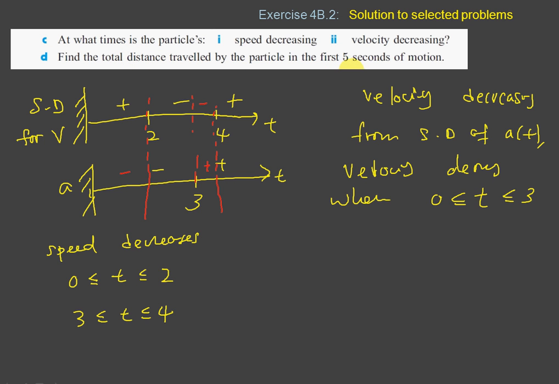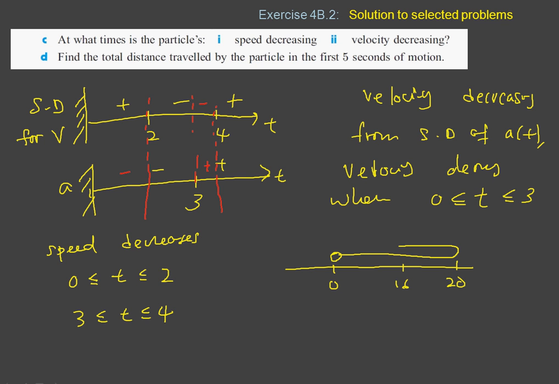And okay, lastly, find the total distance traveled by the particle in the first 5 seconds of motion. In this one, you have to look at the graph of the motion diagram. Now, if you recall, the motion diagram was like this: 16, 20. So it's the total distance traveled, not the displacement.